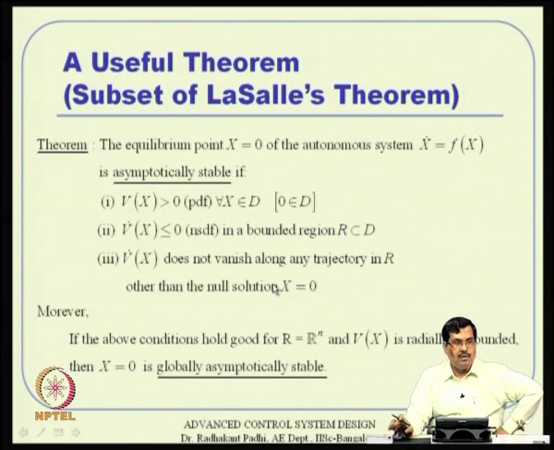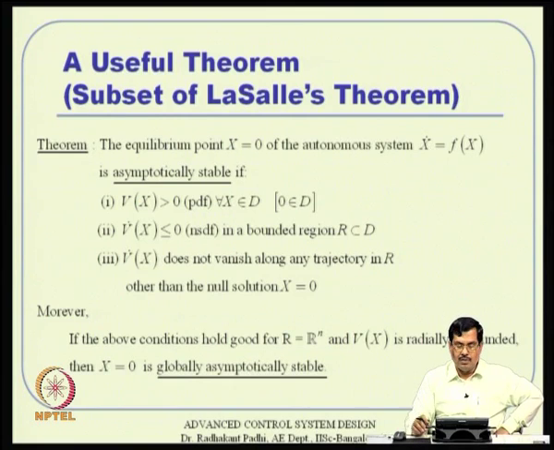That is a critical condition actually. So, V dot is negative semi definite, it is okay, fine, but V dot of x is not equal to 0 anywhere else other than x equal to 0. Using that additional condition, we will be able to show asymptotic stability in many cases actually. Now, that is where it becomes a powerful theorem.